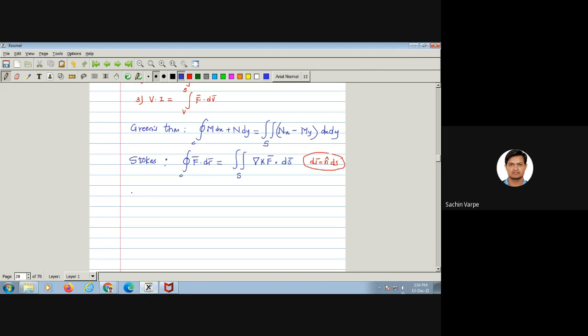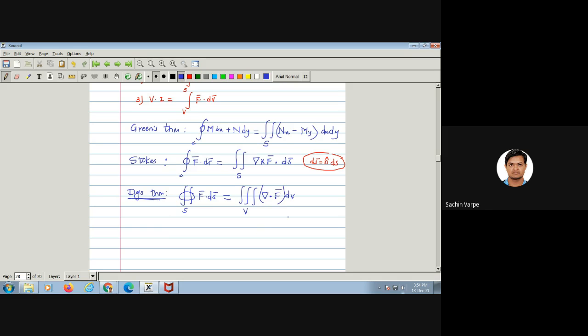Then we have seen the divergence theorem. Divergence theorem says the surface integral over the closed surface of f bar dot ds bar, or f bar dot n cap ds, is equal to the volume integral, over the volume bounded by that closed surface, of del dot f bar dv.